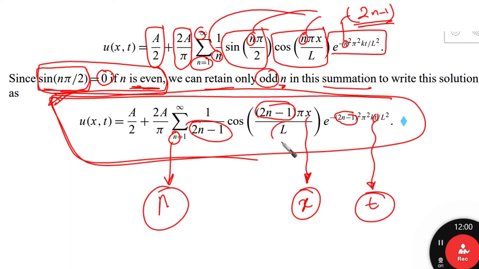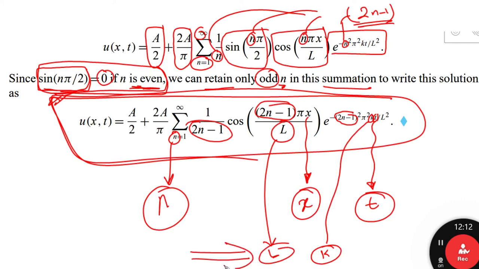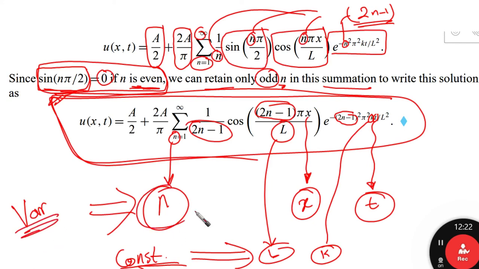And of course we have the constants, L and another constant K, which we know are given, while the others are our variables. We can control them and change them.